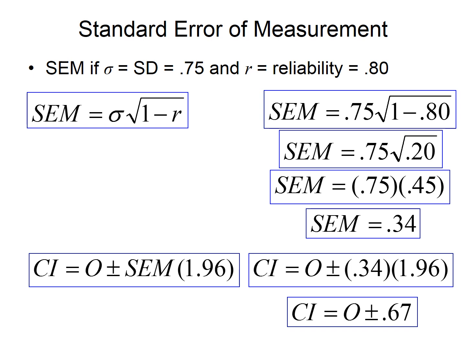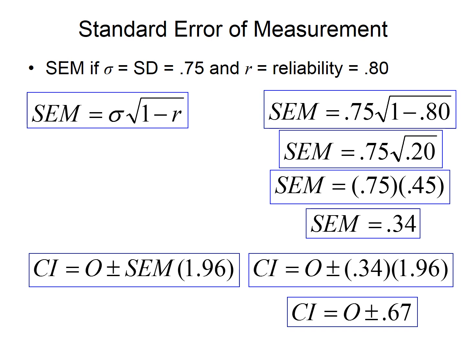But now what we want to do is we want to put that into a confidence interval statement. And confidence interval is giving us the plus or minus off the observed score that we have 95% certainty that someone's score actually falls between. So in this case, our SEM was 0.34. The second part of the equation is always a standard. It's 1.96.